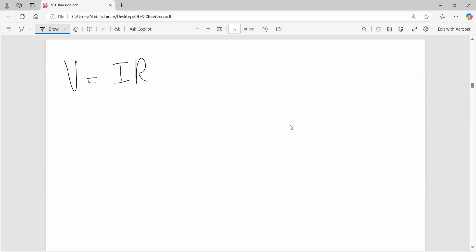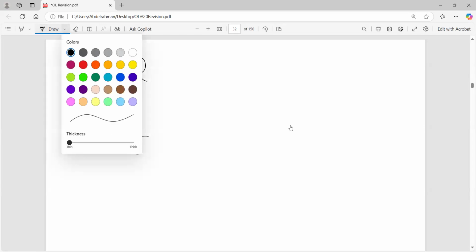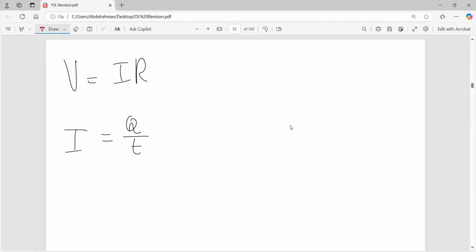One of them is relating the current to the charge, which says I equals Q over T. What is I? It's the current. What is Q? It's the charge. Sometimes we say that the current is the charge per unit second, the rate of charge, where T is the time. Amount of charge passing per unit time.